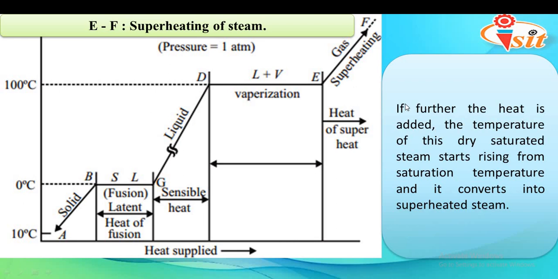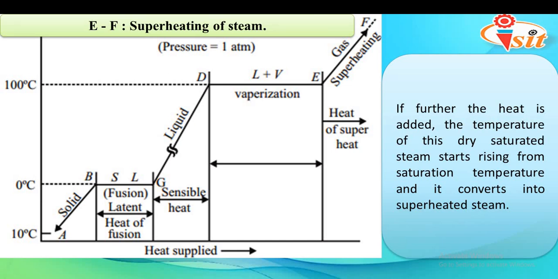For this region, just note that if further heat is added, the temperature of dry saturated steam will start rising from its saturation temperature and it converts into superheated steam. This superheated steam is utilized in many applications. Most of the time, wet steam can cause several problems such as corrosion.